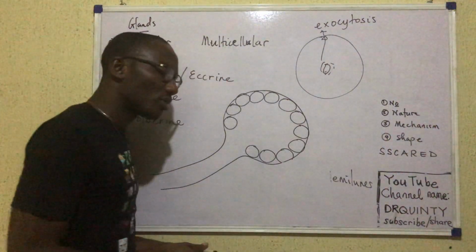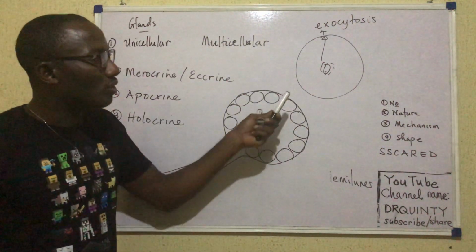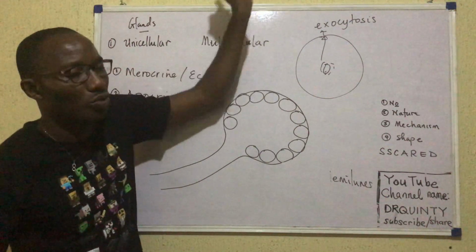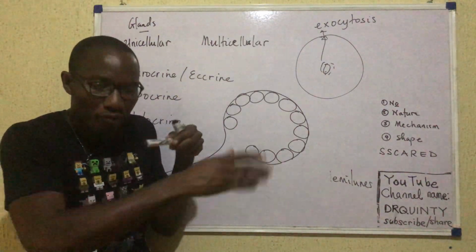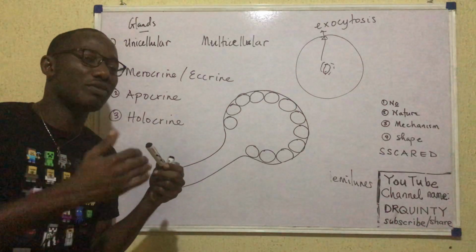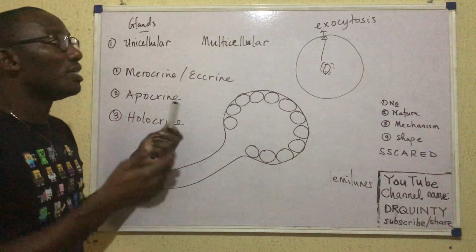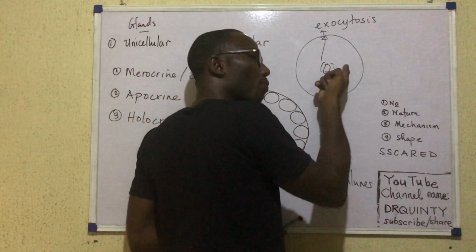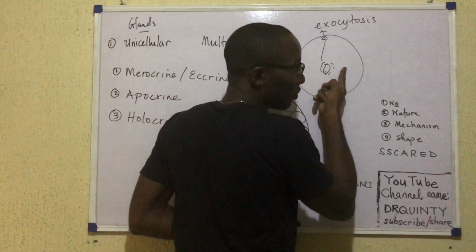During exocytosis, it is as though materials diffuse out of the cell. They pass through the cell membrane, just freely walk out. Let me express it that way. So the process of materials being secreted out of a cell is exocytosis, which is the opposite of the process of materials coming into a cell, endocytosis.